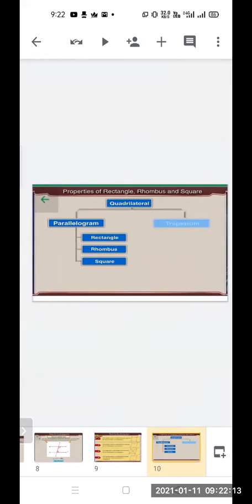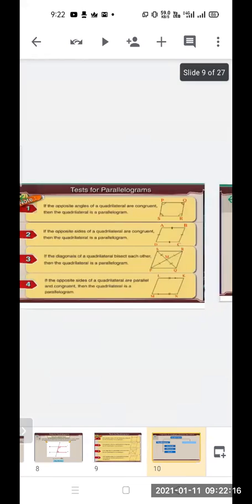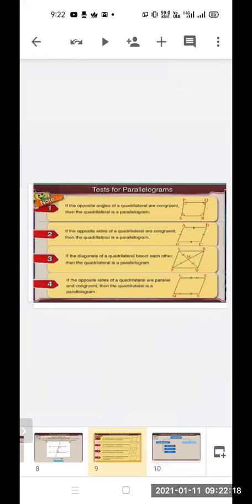Up to here we have discussed in the last two classes, and on the basis of the knowledge we have gained, we have to apply it to solve the questions.